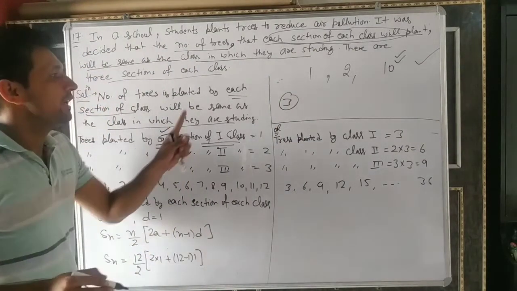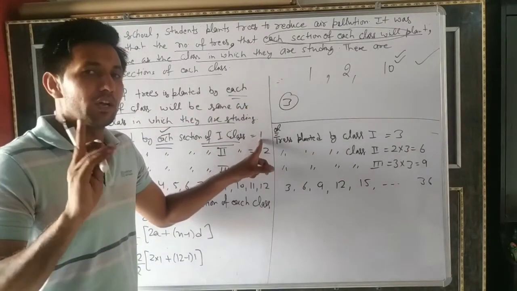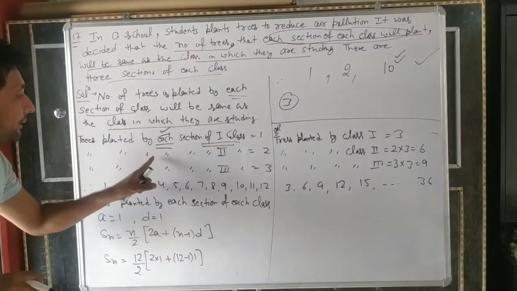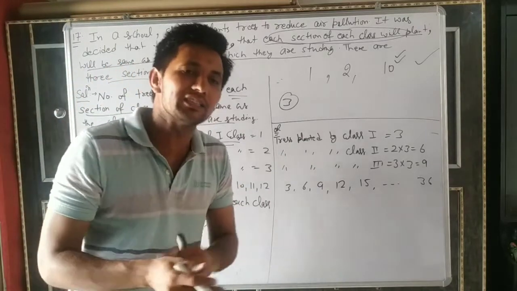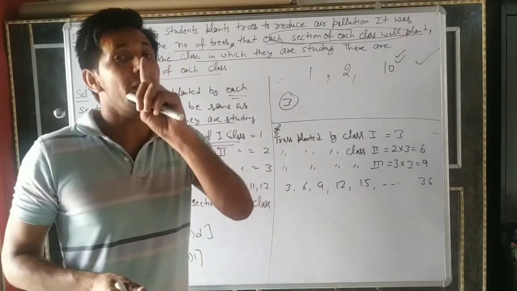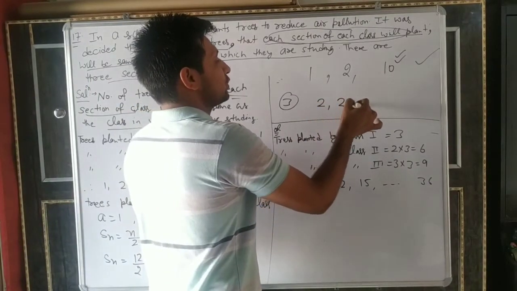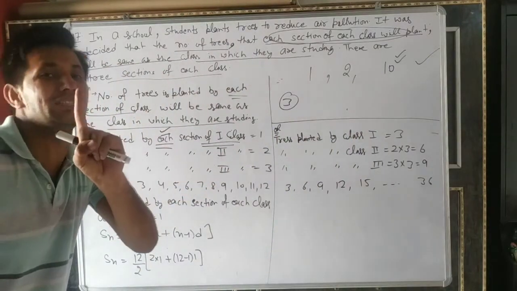If you are in the first class, each section will plant one tree. Same for the second class: each section plants 2 trees. So first section is 2, second also 2, third also 2. But here we are talking about only one section.